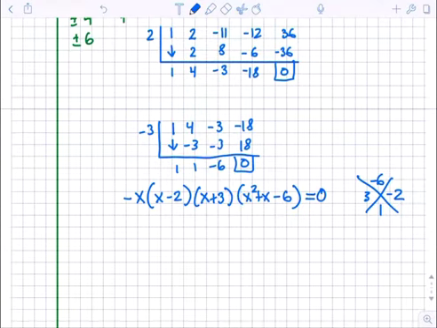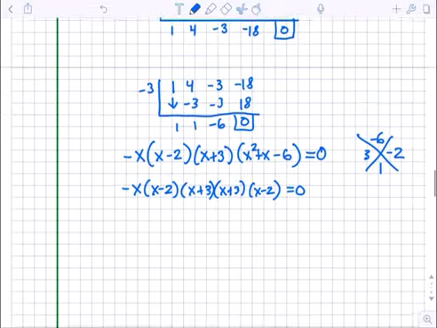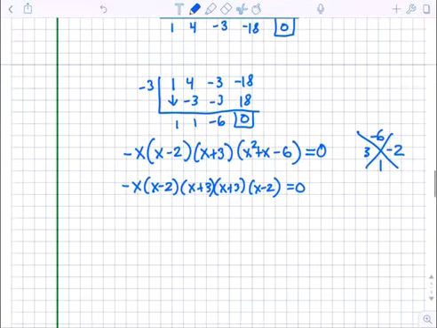So those are my factors for that trinomial. So negative x times x minus 2 times x plus 3 times x plus 3 times x minus 2. All this is equal to 0. So notice my zeros are x is equal to 0, x is equal to 2, x is equal to negative 3, x is equal to negative 3, and x is equal to 2.